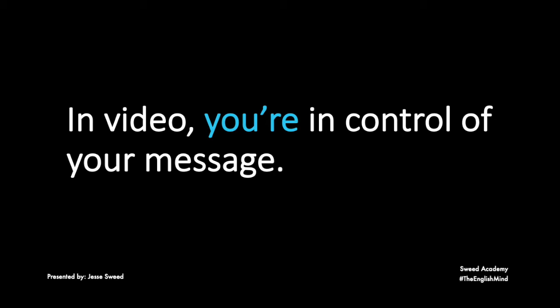So the problem in text message is when you write a text message, the person reads the text message with their current mood in mind. So if that person just had an argument with their partner or an argument with a neighbor or whatever, they're reading your text message with a certain emotion in their mind.